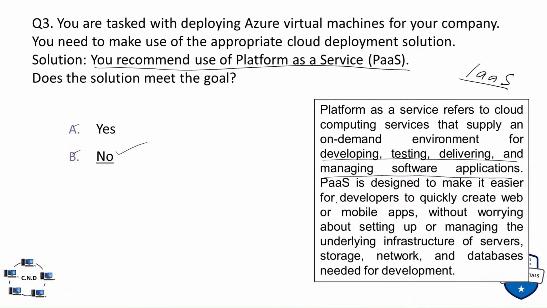PaaS is designed to make it easier for developers to quickly create web or mobile apps without worrying about setting up or managing the underlying infrastructure of servers, storage, network, and database needed for the deployment. But here we are talking about deploying our virtual machines. So again, PaaS is also not our recommended or desired solution.